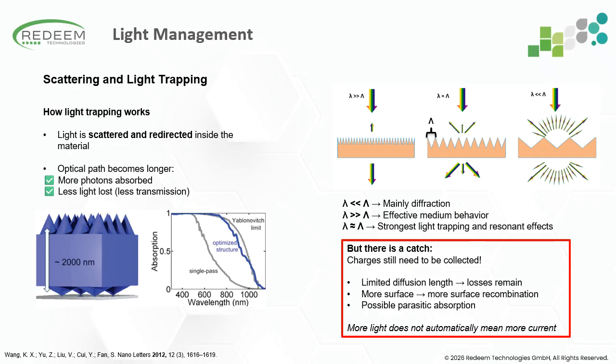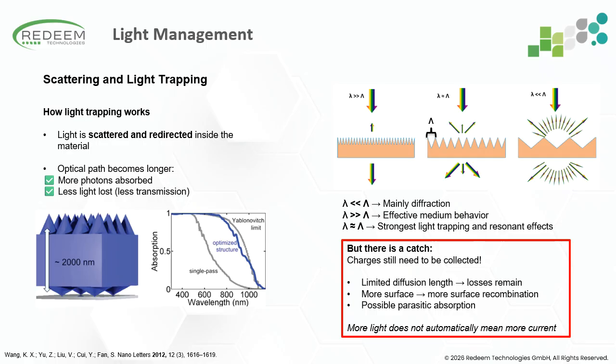So this is illustrated here. An optimized light trapping structure approaches the Yablonovitch limit, meaning significantly higher absorption over a broad wavelength range compared with a simple single-pass absorber. And now on the top right, the effectiveness of the light trapping strongly depends on the relationship between the wavelength of light and the characteristic size of the surface features.